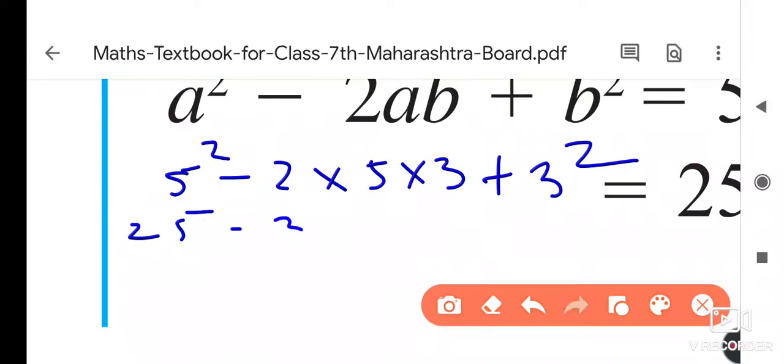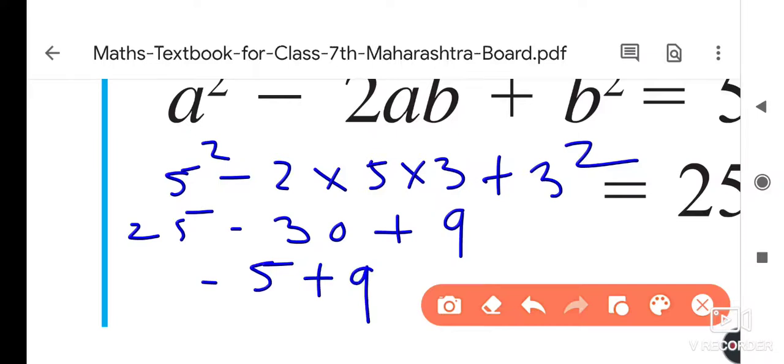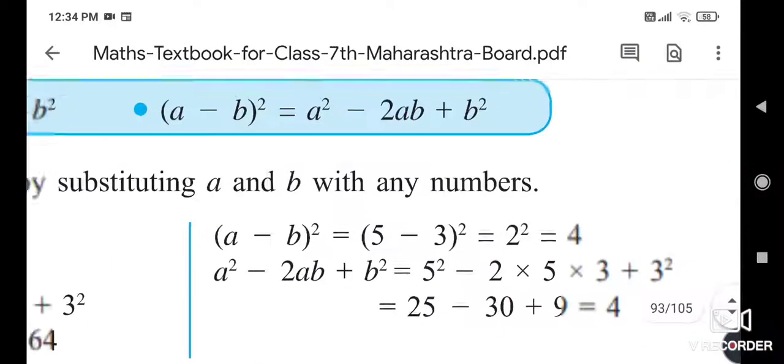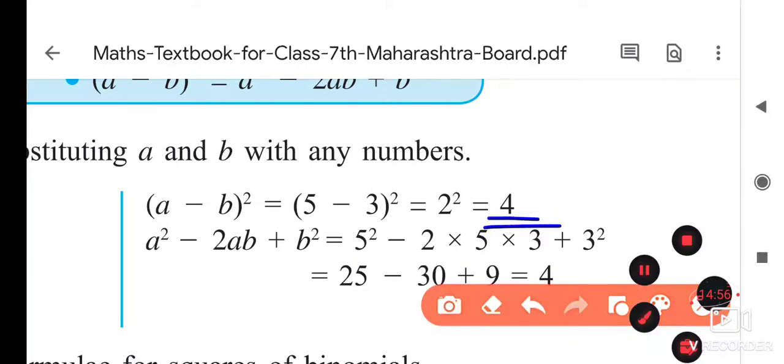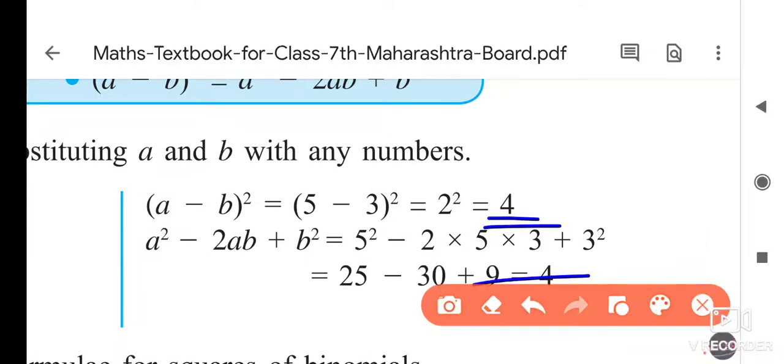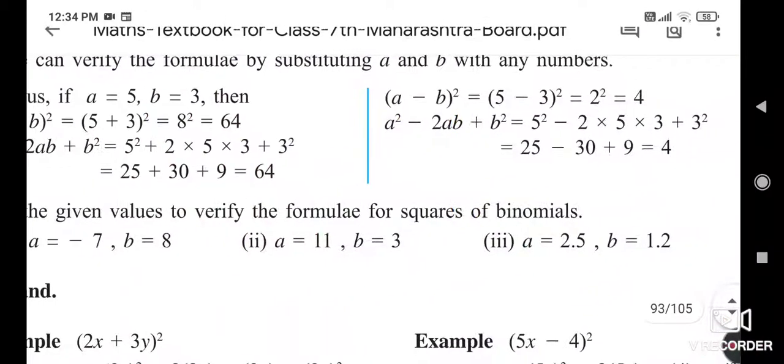So here 25 minus 30 plus 9. 25 minus 30 is minus 5, plus 9. 9 minus 5 is equal to 4, and 4 is the answer. So in both cases, when we solve this, we get the answer 4 and 4. So we verified the formula, we derived the formula.